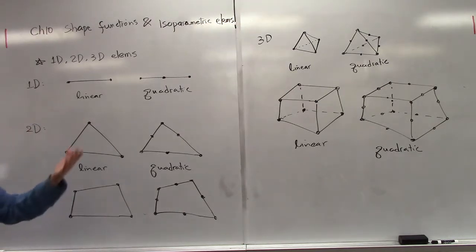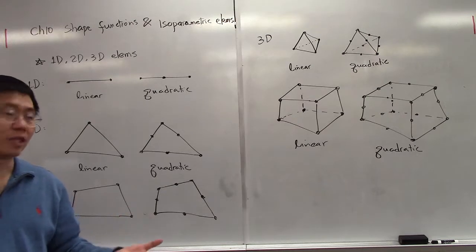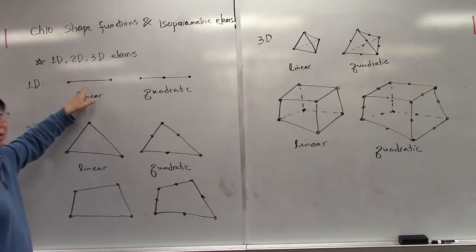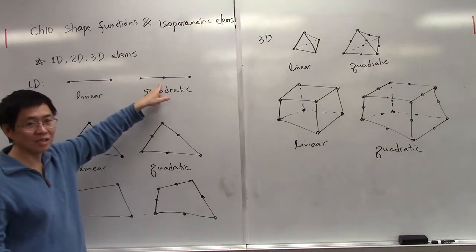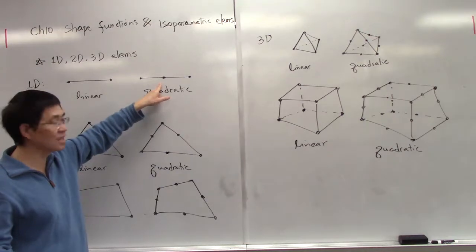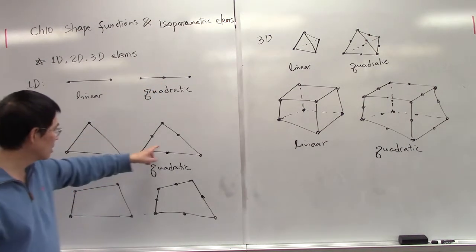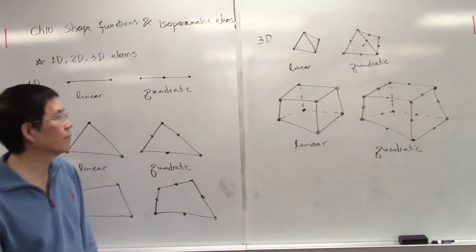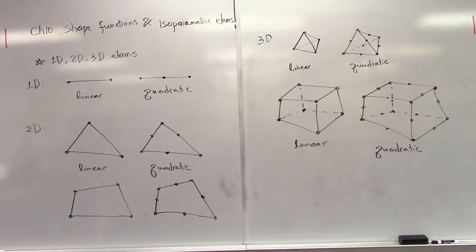Then the strain is one order lower than that, because strains are derivatives of the displacement. So these can only represent constant stress. This is linear, constant strain and stress, and this is quadratic, linear strain and stress. Similarly, constant strain and stress, linear strain and stress. And of course, usually if you allow linear variation of the stress, the accuracy is much better.